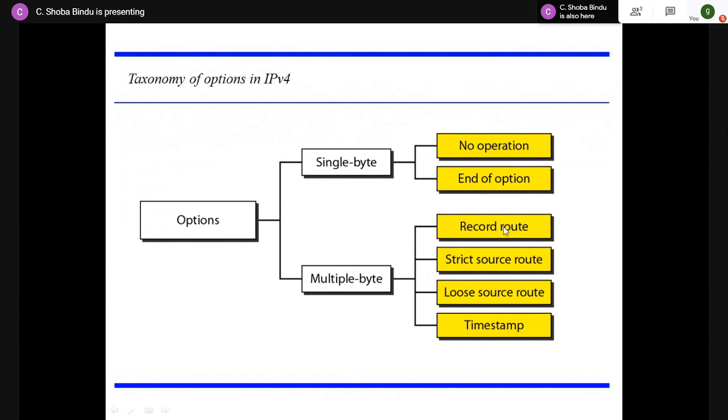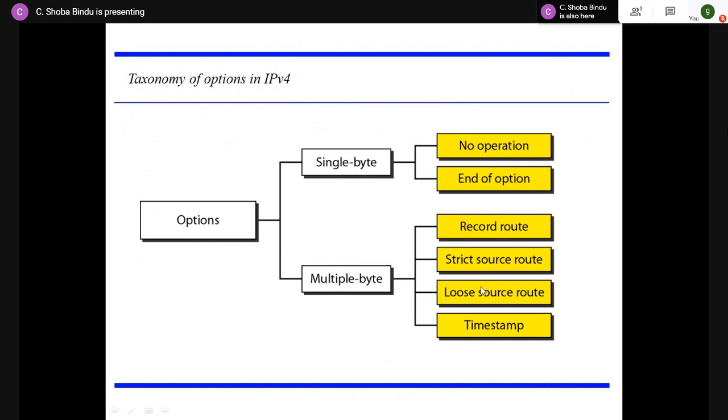So if it is traveling a path like A to B to C to D, to reach D from A, following intermediate nodes B and C, the IP addresses of all these intermediate nodes will be recorded once this option is used.